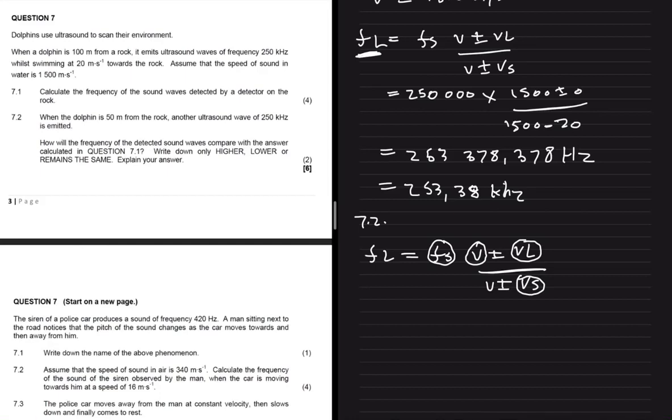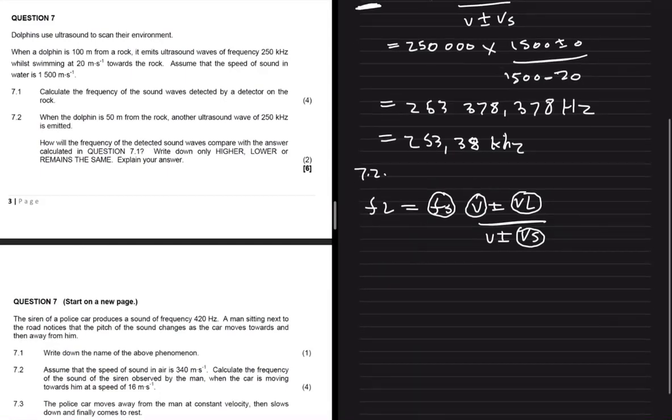So now, because the distance is no longer 100 meters and it's 50 meters, it won't matter. So the right answer is remains the same. Then it says explain your answer. You'd explain your answer by writing this formula and stating that the distance between the sound source and the observer is not a variable in the equation we use to determine the frequency detected.